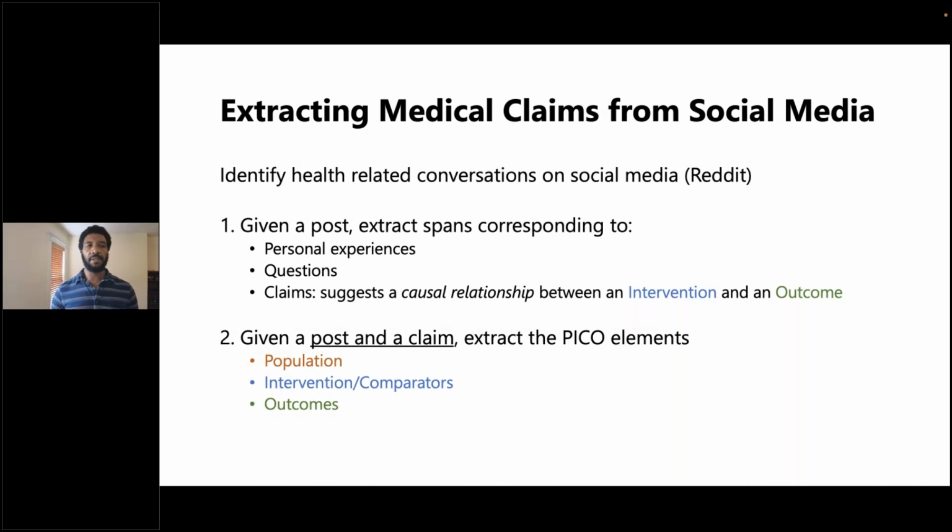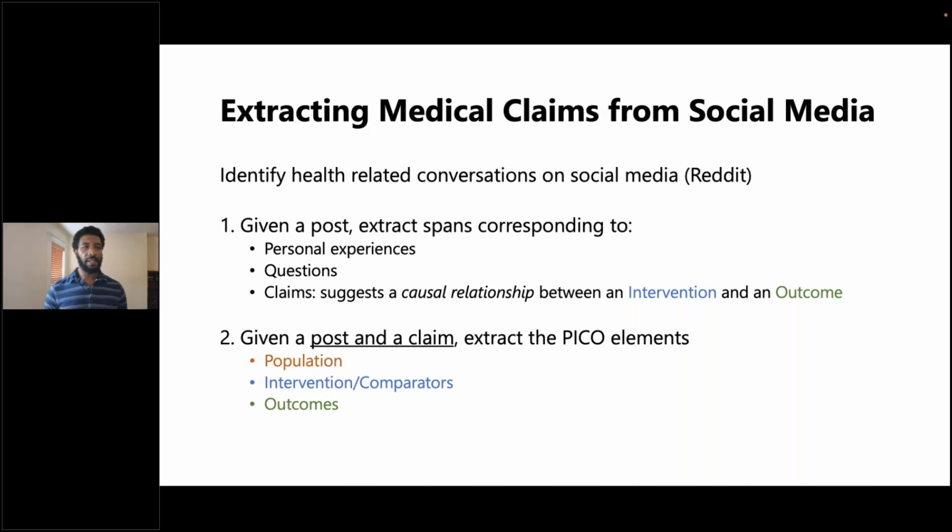Given a post, the goal is to extract spans corresponding to personal experiences, questions, or claims. And claims here are operationalized as statements that might reasonably be interpreted by the reader as implying a causal relationship between an intervention and an outcome. So these are two subtasks.